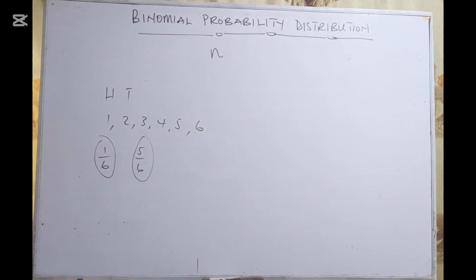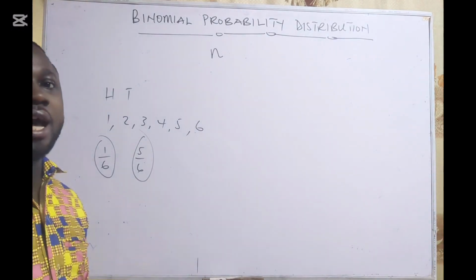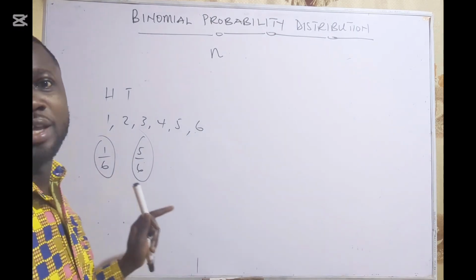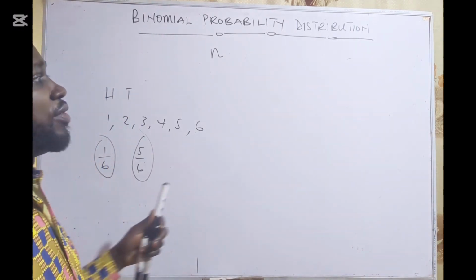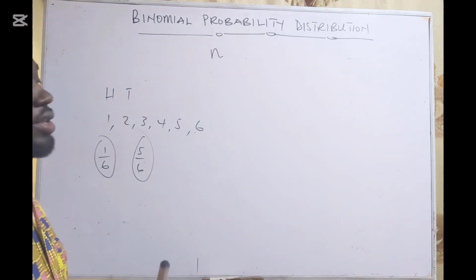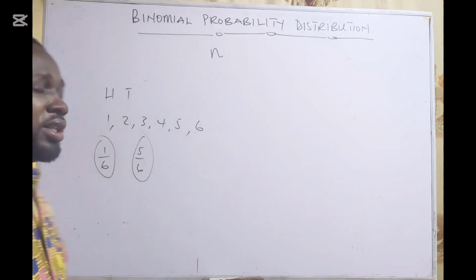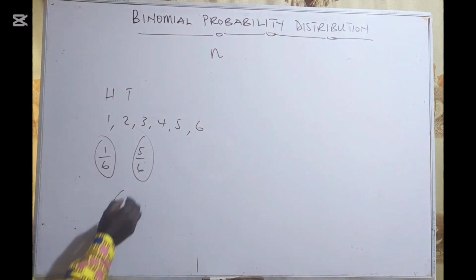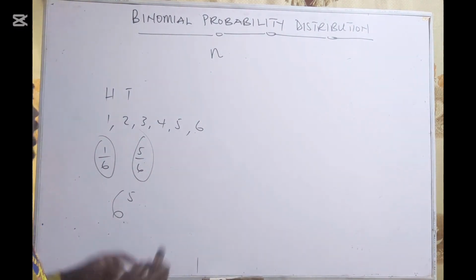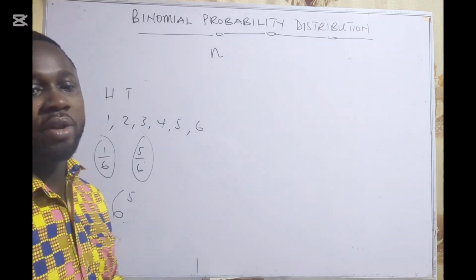Let's assume that I'm asked a question like tossing a die 5 times. Are you going to draw the table? If you draw it for 2 times, you have to get your possible outcomes, 36. So if you assume tossing a die 5 times, your possible outcomes will be 6 exponent 5. It will become tedious when you use the normal way, let's say drawing the table.